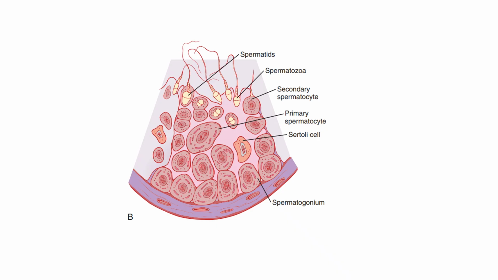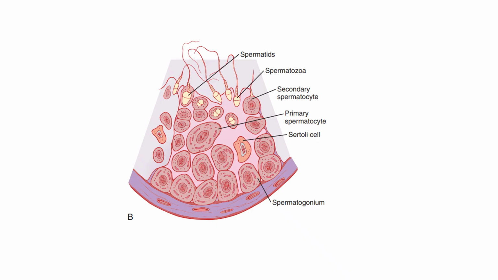This diagram shows the cross section of the seminiferous tubule, the key structure in the male reproductive system that is responsible for spermatogenesis, the process of sperm cell development.